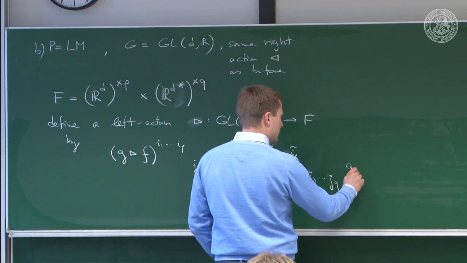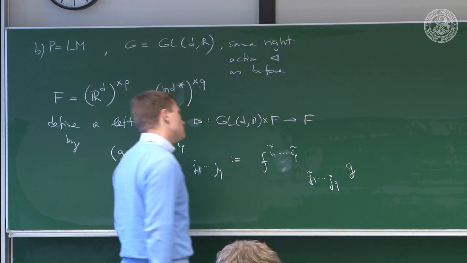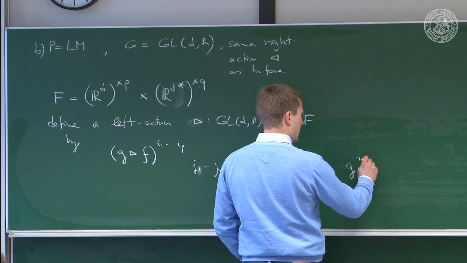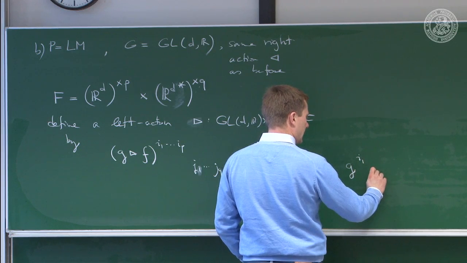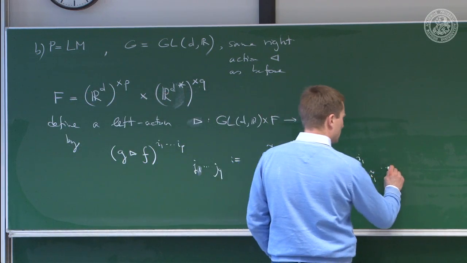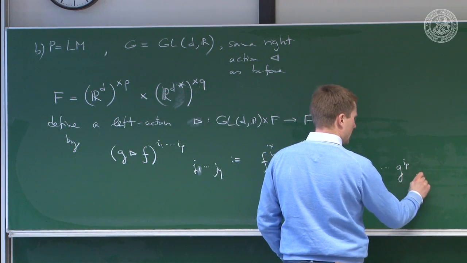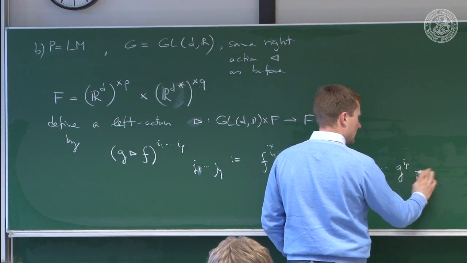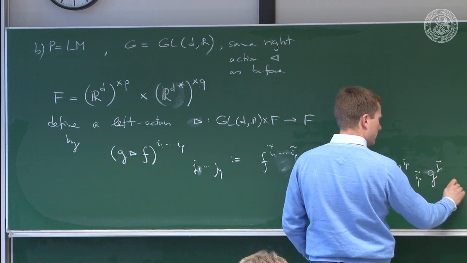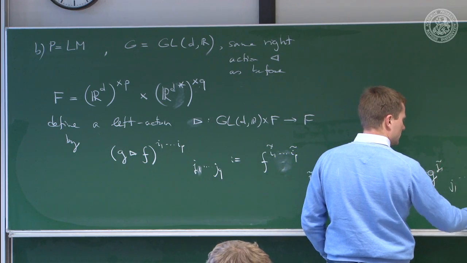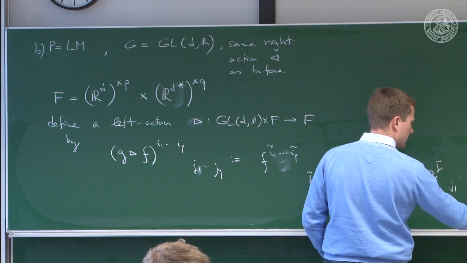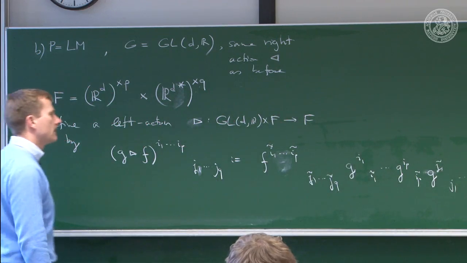And now every up index I we transform by G, I1 twiddle to IP twiddle, and then J1 twiddle up, J1 down, to JQ twiddle up, JQ without twiddle down.